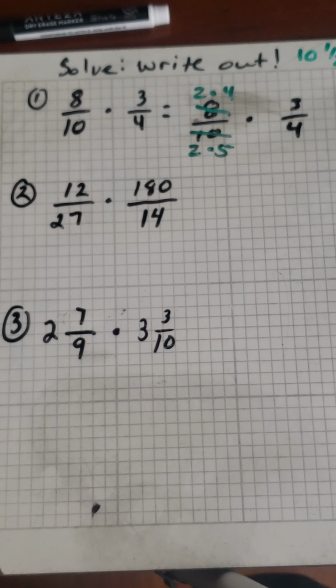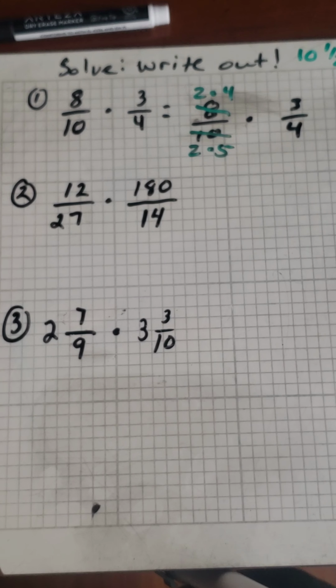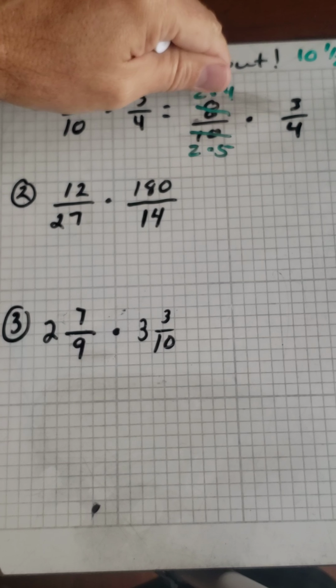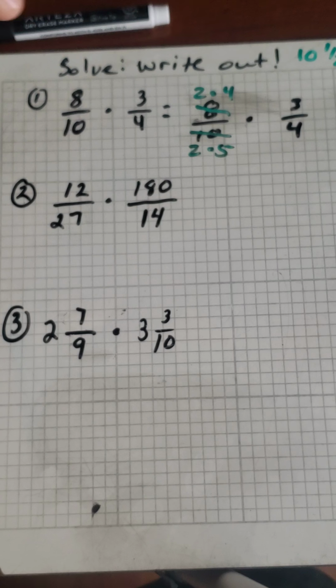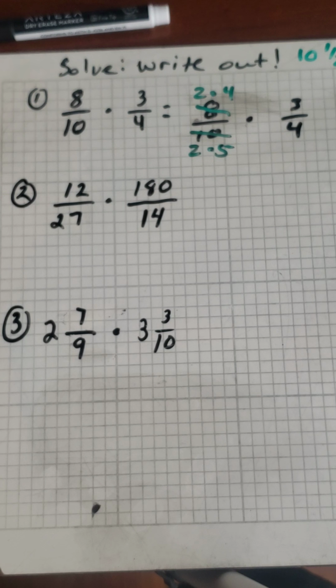And then I look and see, is there anything I can break down in this one? Well, what I'm looking for are factors that are in common, so I'm going to use that 4 and that 4 because I don't need to break them down. Yes, I could break them down to 2 times 2 and 2 times 2, but it doesn't make it easier, so I'm not going to do it. I'm just going to do it the way it is.